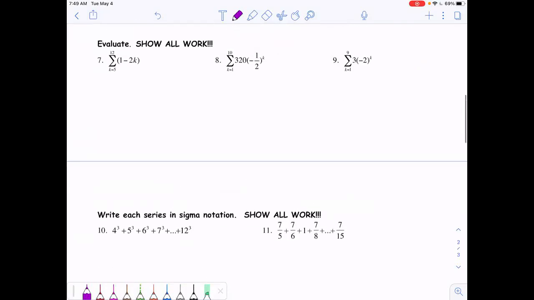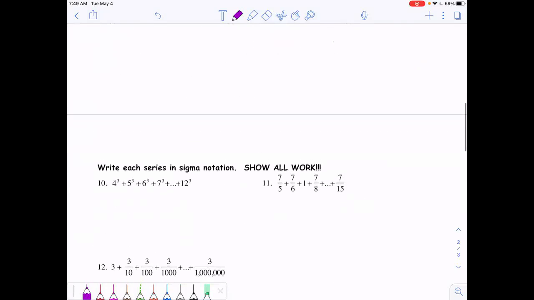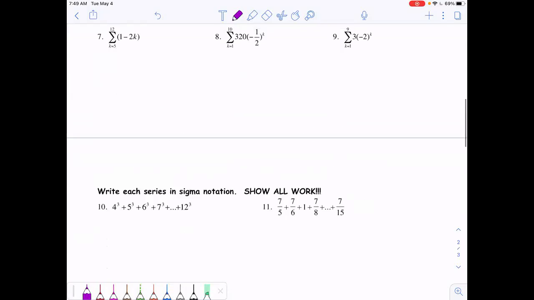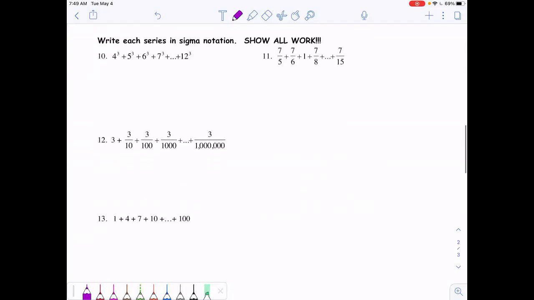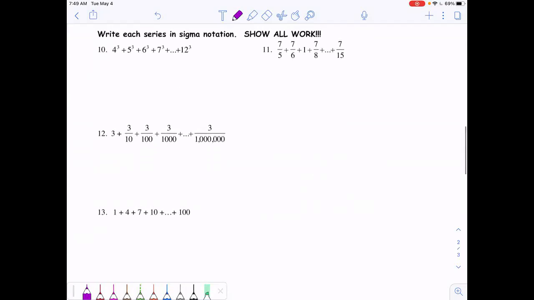If you can go to number 10 and 11, 12, 13, the last group of problems, which should be on the second slide. Number 10, the directions for this group say write each series in sigma notation. And of course it says show all work.